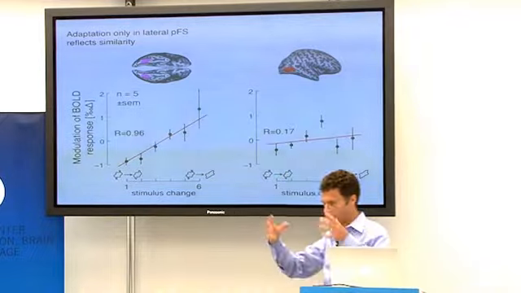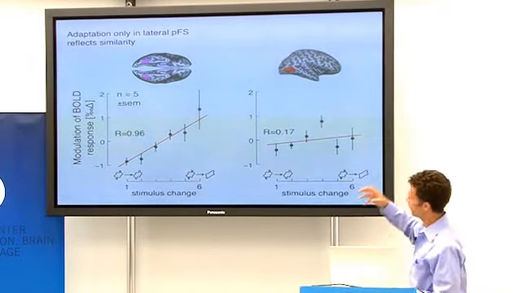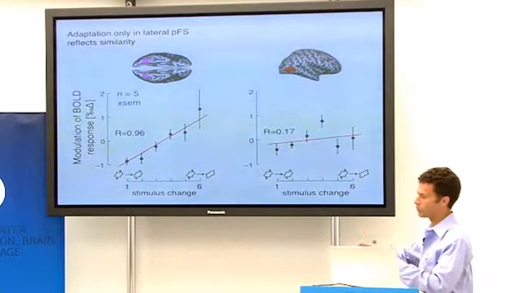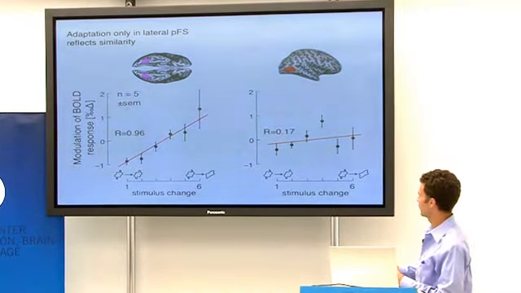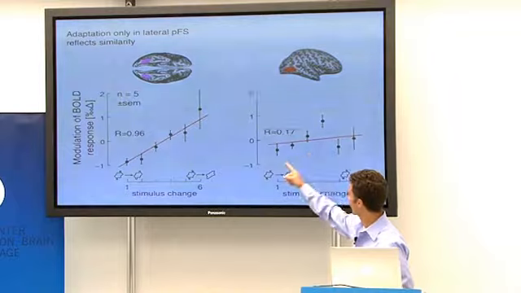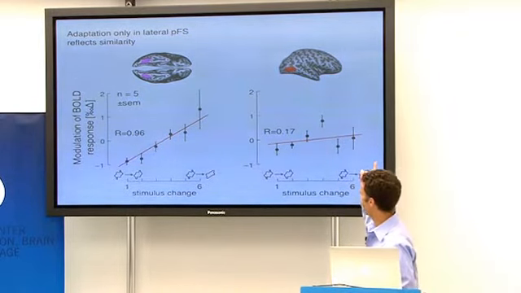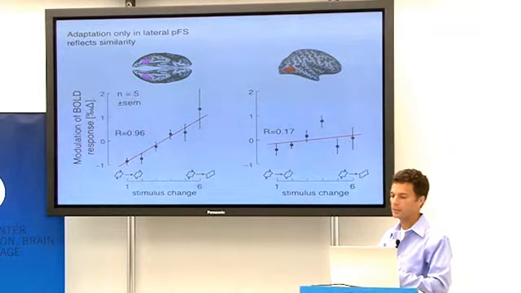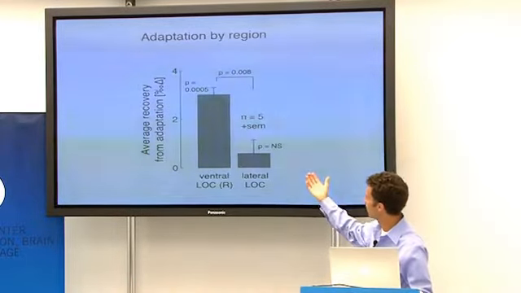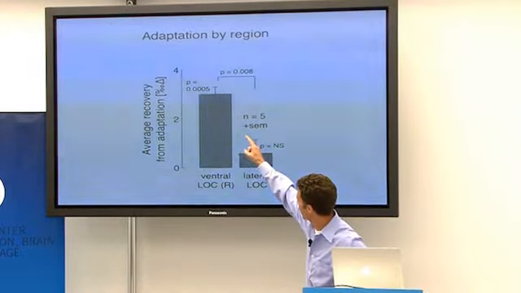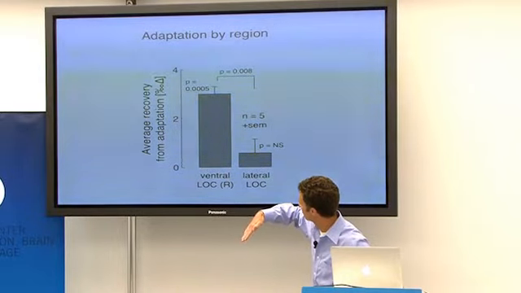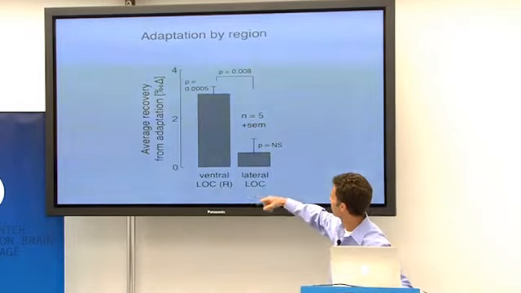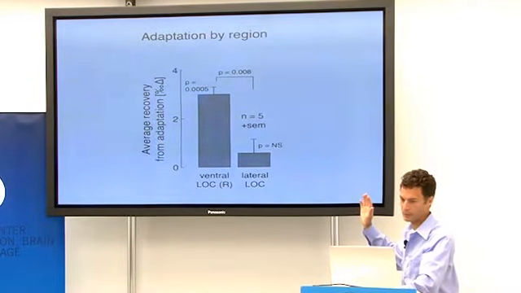So again, this is evidence of a population code. But within the lateral LOC, this other cortical area that seems to respond just as robustly to objects and object shape, there was really no modulation of firing as a function of stimulus similarity. We can show this as a bar plot too. This is the recovery from adaptation, the proportional linear effect, for the ventral lateral occipital complex and the lateral occipital complex, and there's quite a significant difference between those.